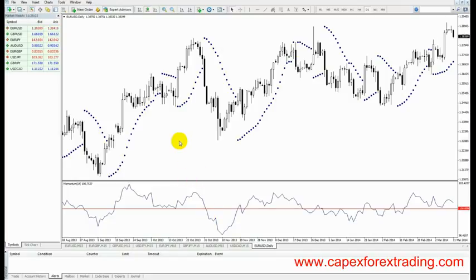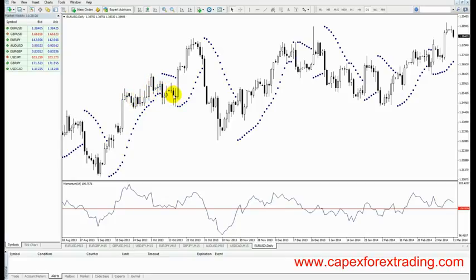Now there is a scenario where the parabolic SAR is useless, and that is when we have a range-bound market. A range-bound market is simply a market with no direction, so we have no uptrend and no downtrend, and that's the scenario that we've got in this little section here. You don't need any special training. By simply using your naked eye, you can see that the market is sort of bouncing around.